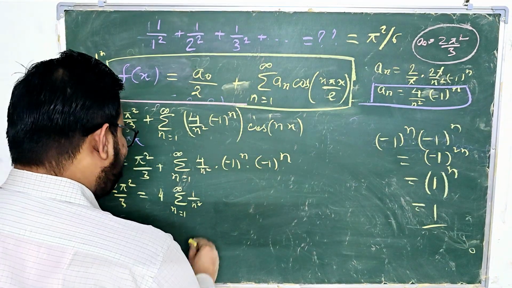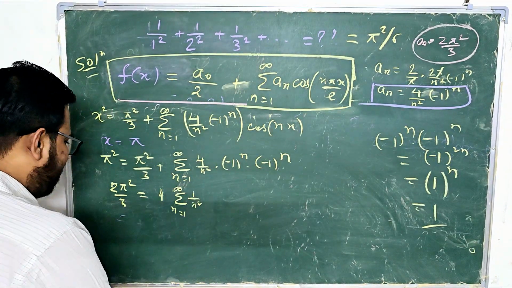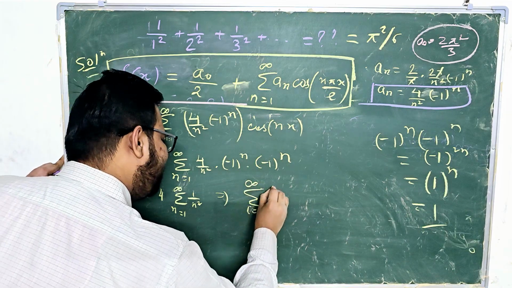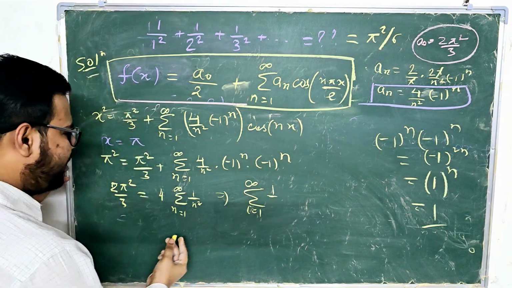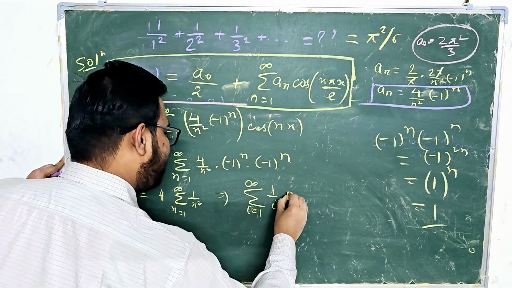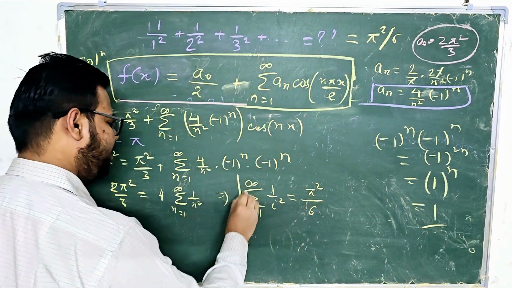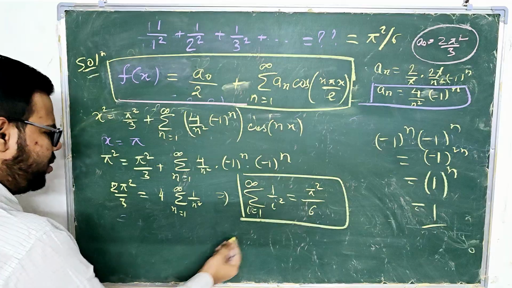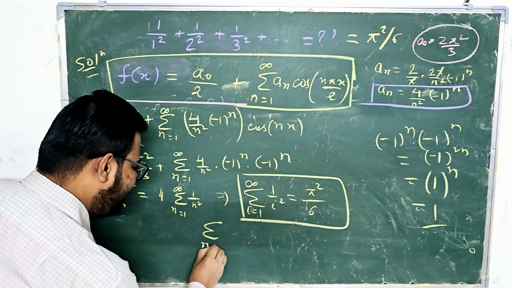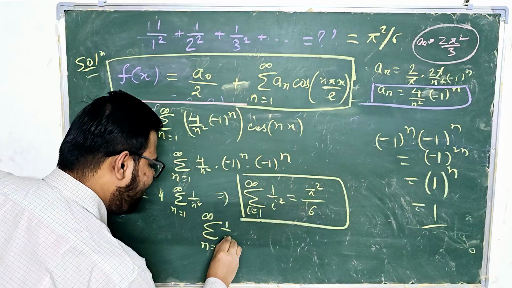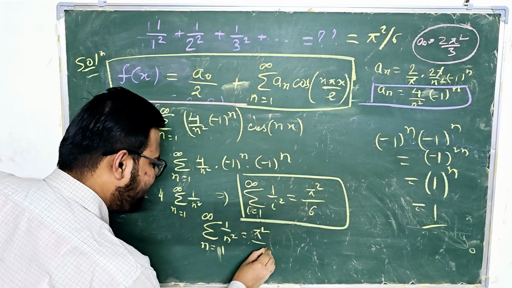Okay, so we have got this expression. So we can say that summation from n equal to 1 to infinity of 1 upon n² is equal to π²/6.